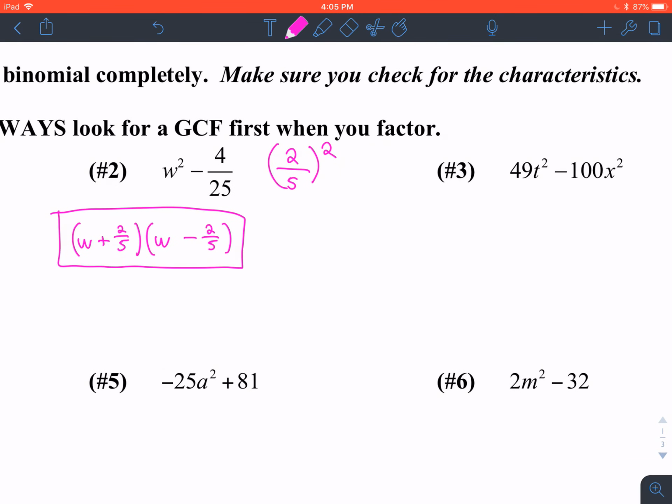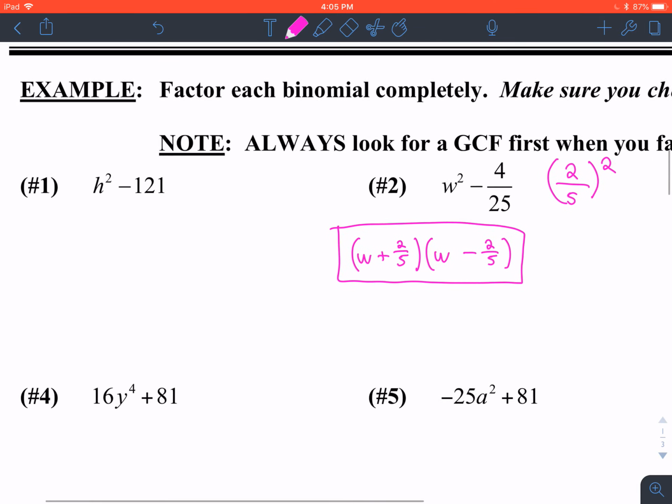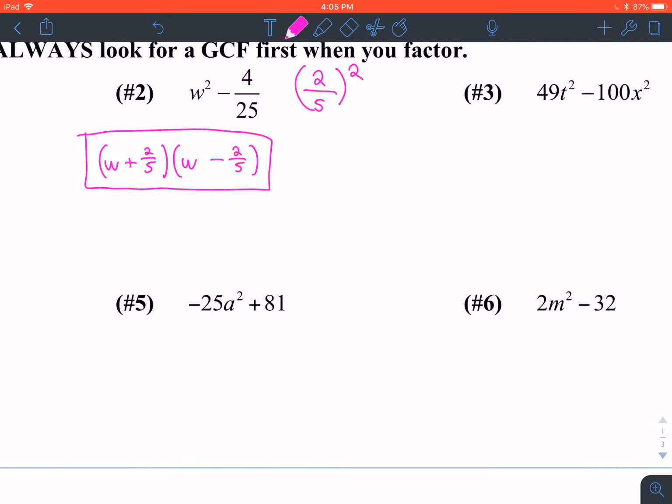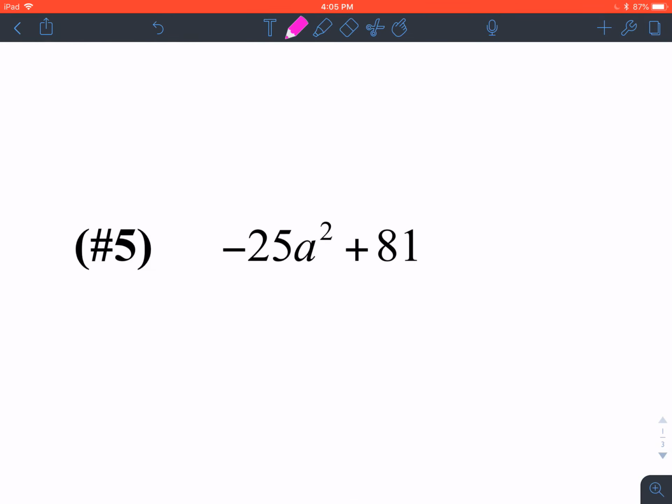I'm going to leave number 3 for you guys, and let's talk about 5 and 6. All right, so this one's a little weird because we have negative 25a squared plus 81, which 25a squared and 81 are perfect squares, but we have a plus sign right here, and that is a problem, okay?